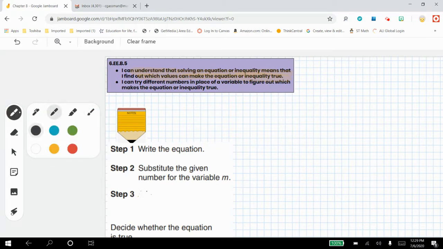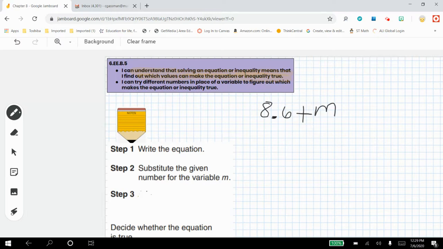Okay, so let's start by writing an equation. I'm going to give you 8.6 plus m is equal to 13. In order to do this, step one is to write an equation.